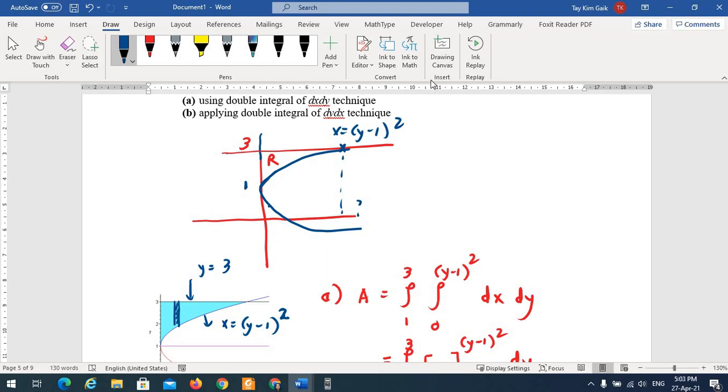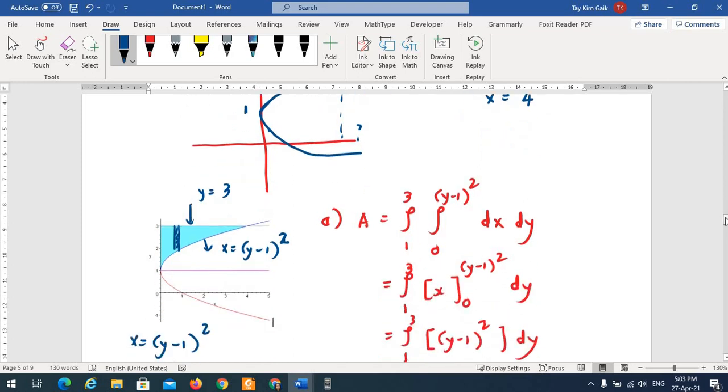You solve these two equations simultaneously. You plug in y equal 3 to x equal y minus 1 squared. So you have x equal 3 minus 1, 2 squared, which is 4. That's why here it's actually x equal 4.